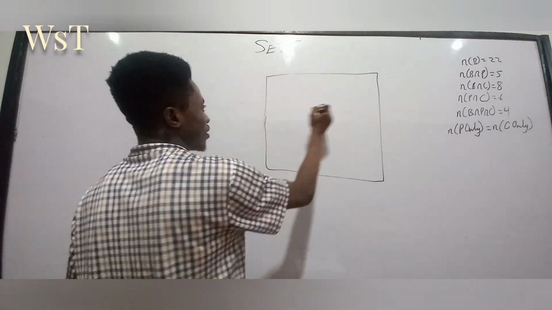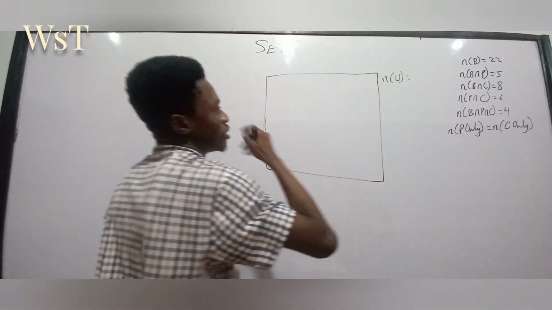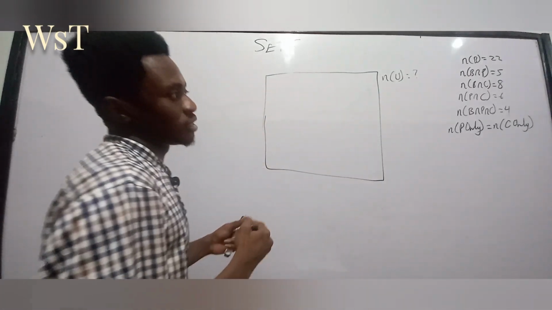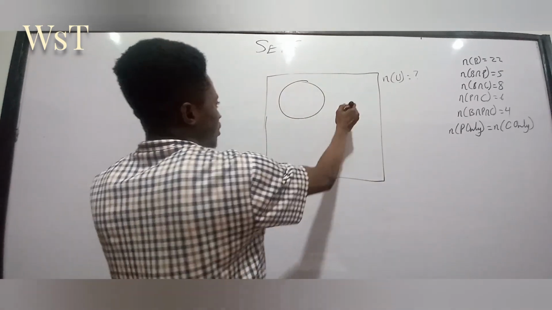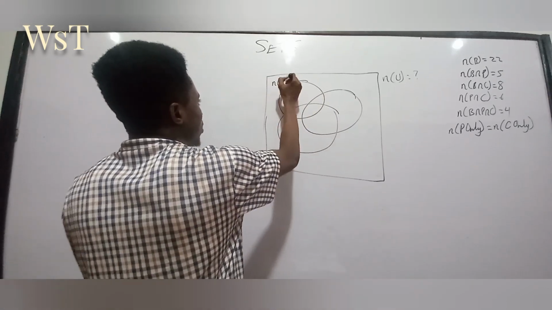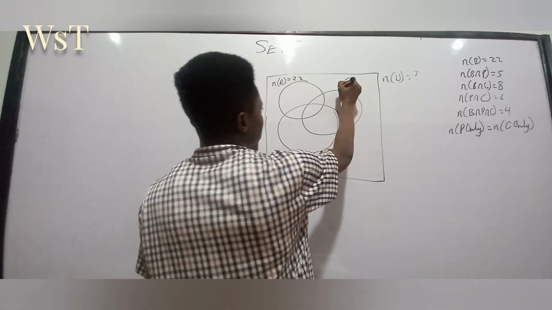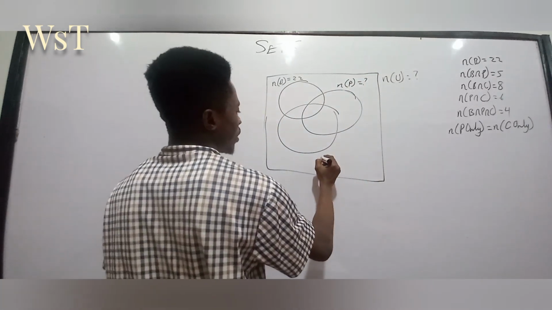A Venn diagram. So here will be the number of the union. We don't know that one too, right? Good. But they gave us 3 subjects. The first one is biology, which we know to be 22. They gave physics, we don't know. They gave chemistry.